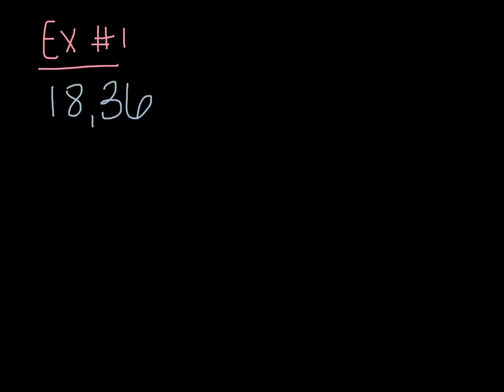So example number 1, we're going to find the greatest common factor of 18 and 36. So let's go ahead and list the factors of 18. So we have 1 and 18. We know it's divisible by 2 because it ends in an even number. So 2 times 9 equals 18.